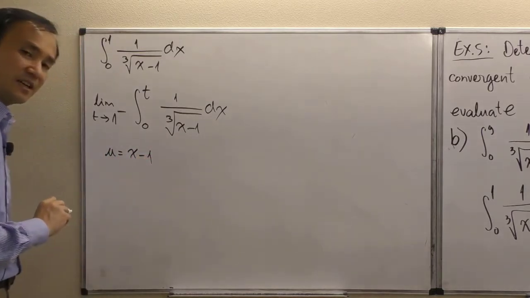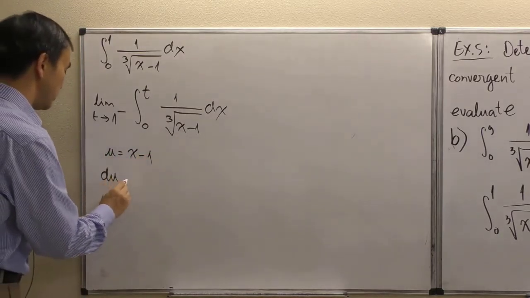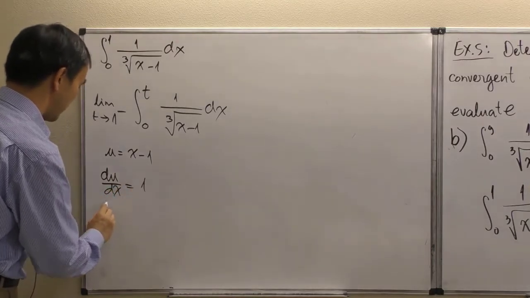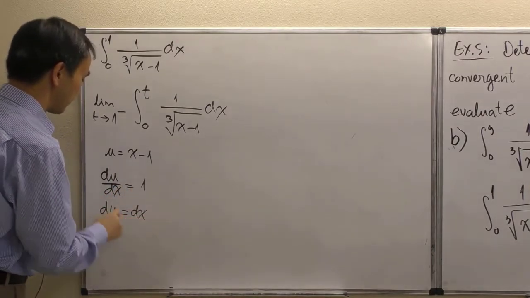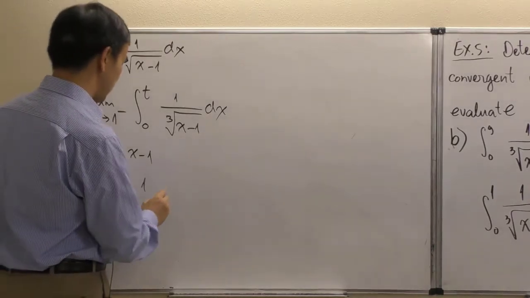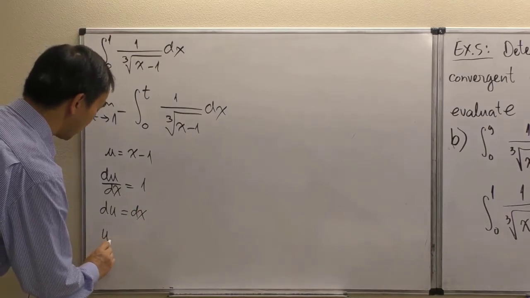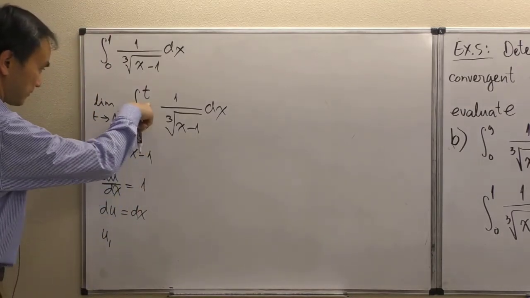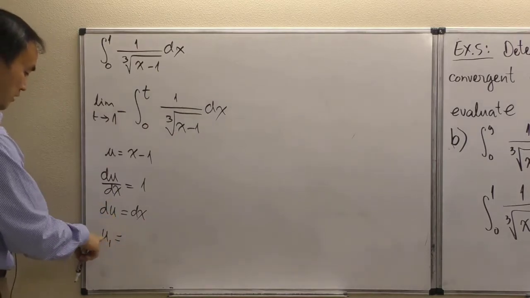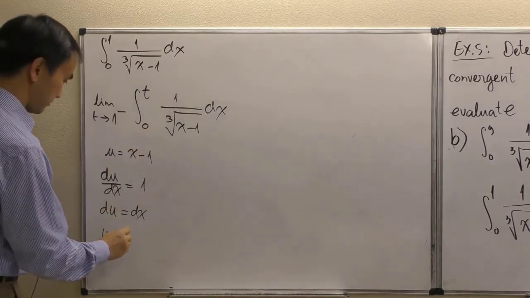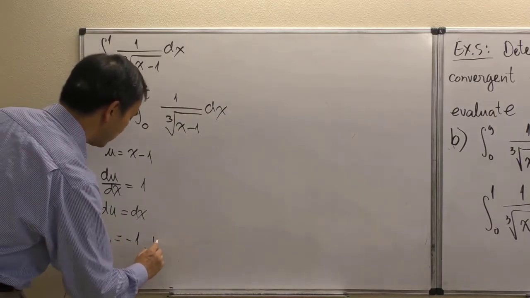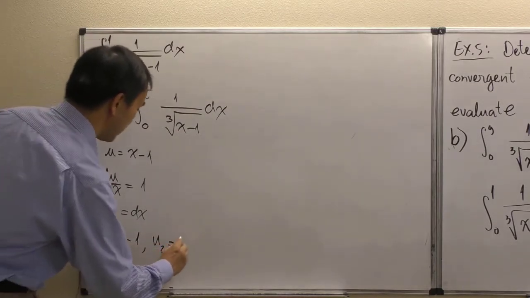So du/dx equals 1, and that gives me du equals dx by rearranging the two differentials. Further, these limits are values with respect to the x variable, but now we're changing to the u variable. So u1 is 0 minus 1, which is negative 1, and u2 is t minus 1.